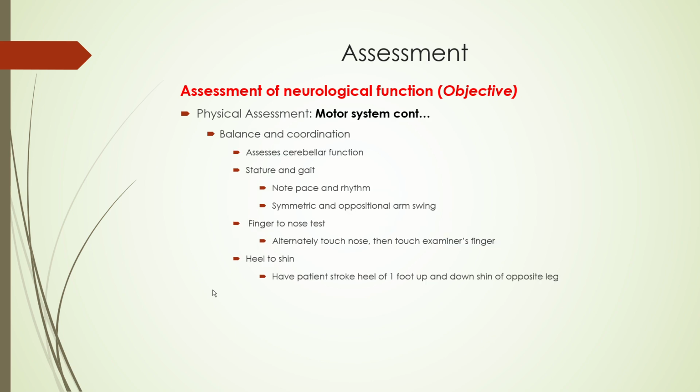So we talked about cerebellar function associated with that. The cerebellum is associated with balance and coordination. So simply watching a patient in their stature and their gait is an assessment of cerebellar function. So noting their pace and rhythm as they walk. Do they have symmetric and opposing arm swings? And the finger to nose test is another one that you can do.